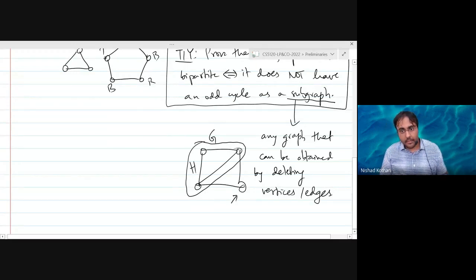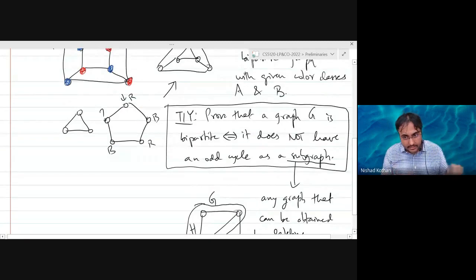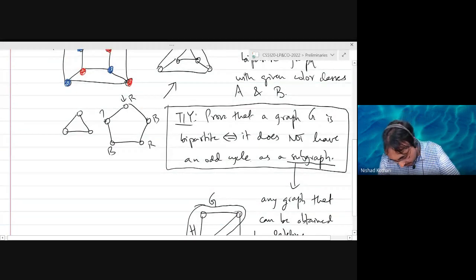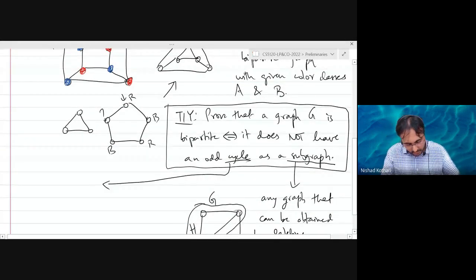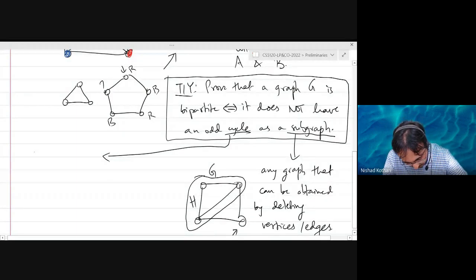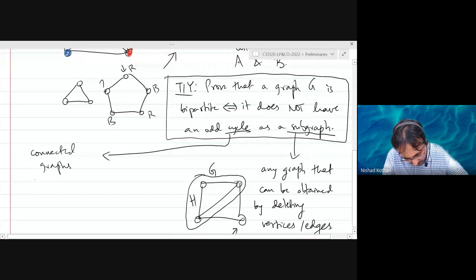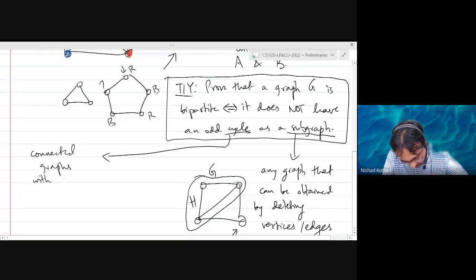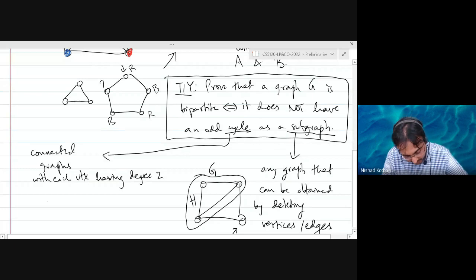Okay? And cycles are connected graphs with each vertex having degree 2. Basically, they look like a cycle.